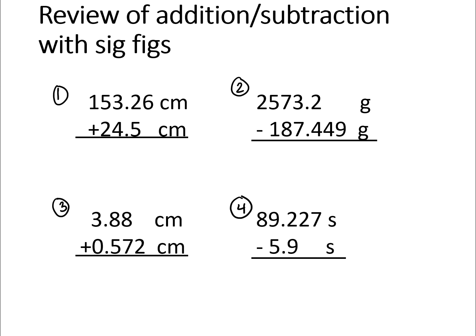So with sig figs, we have to use the number of decimal places for addition and subtraction that represents the measurement with the fewest decimal places. So let me write that out.